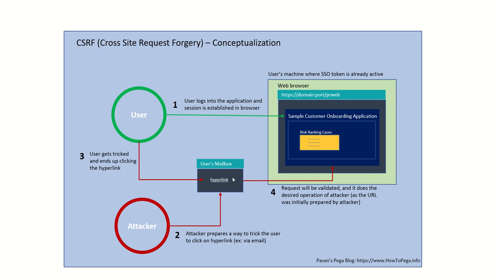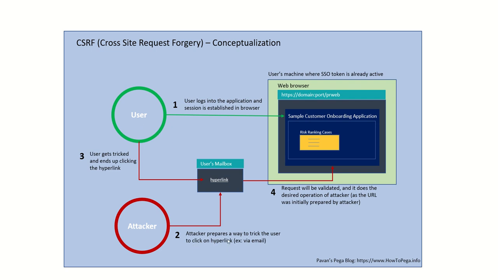Let's take one step back. The attacker will obviously be a pro in the way this application works, or a typical Pega application or any web application works. So there might be a great effort the attacker is putting in to understand. Maybe the attacker is trying hard for a couple of months to prepare a hyperlink, a URL, to be sent to the user.